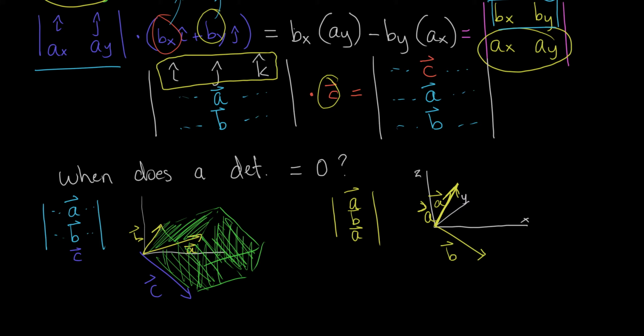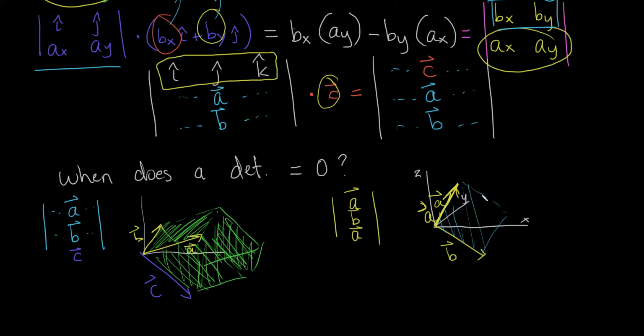Now we might think that it's going to be just the same as we were doing before, the area of the parallelogram. But when we're talking about determinants in 3 dimensions, we're fundamentally thinking about volume. And the volume of this parallelepiped, if you think about it that way, a parallelogram is a parallelepiped with 0 height.